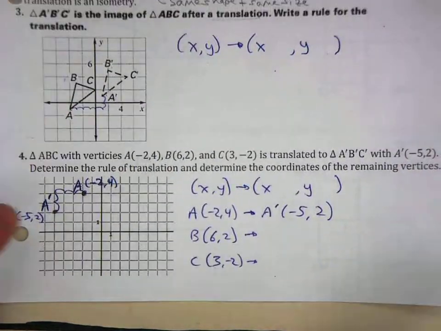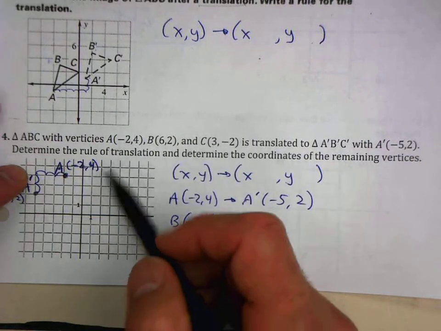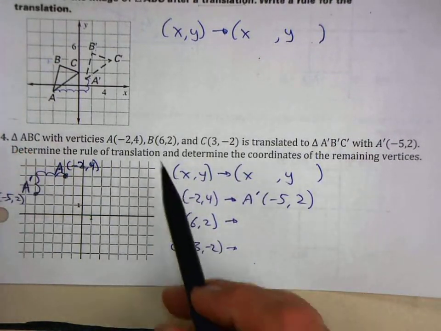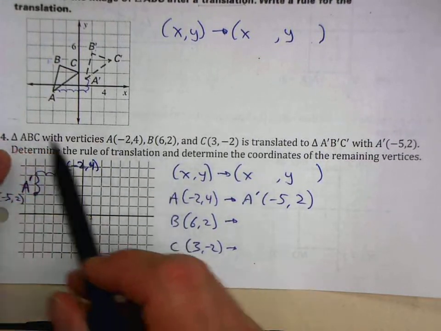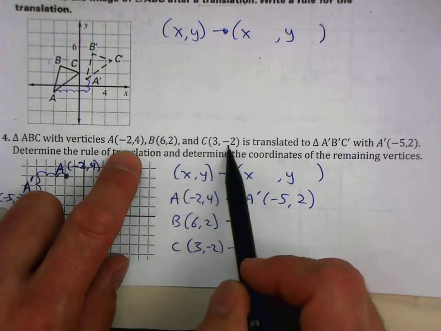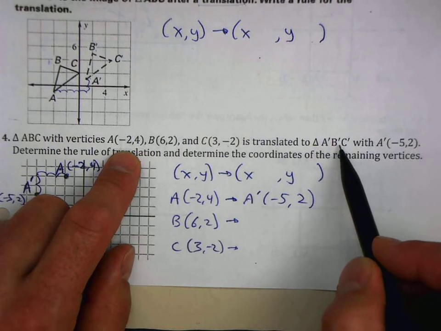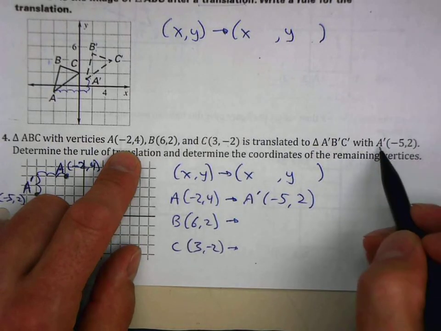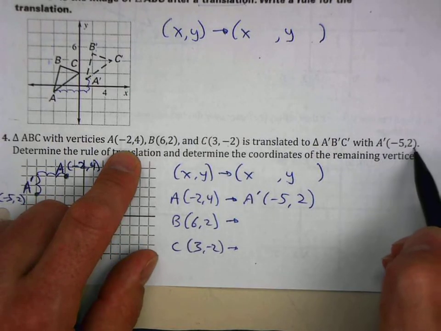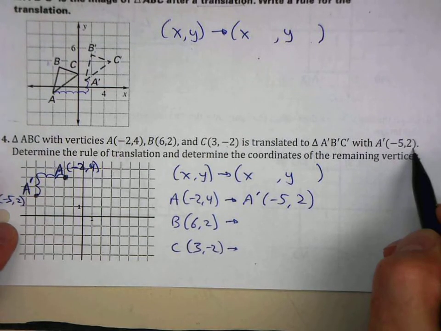Go ahead and pause. Then lastly, for number 4, we are almost done. We were told that triangle ABC has these coordinates, and it's translated to triangle A prime, B prime, C prime, with A prime being at (-5, 2).